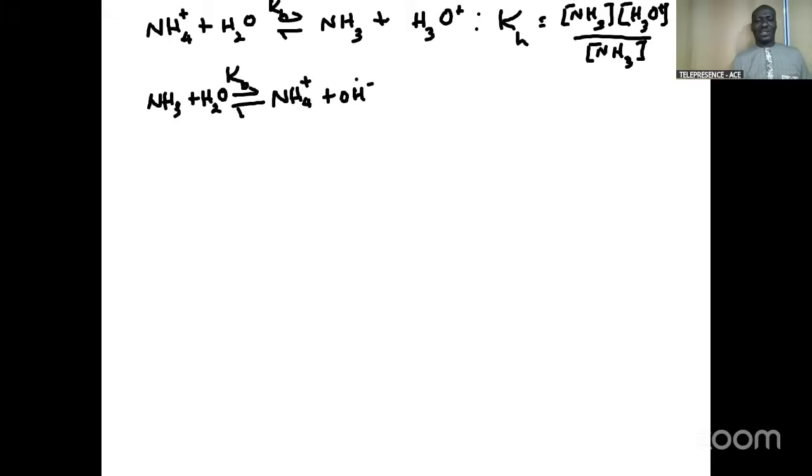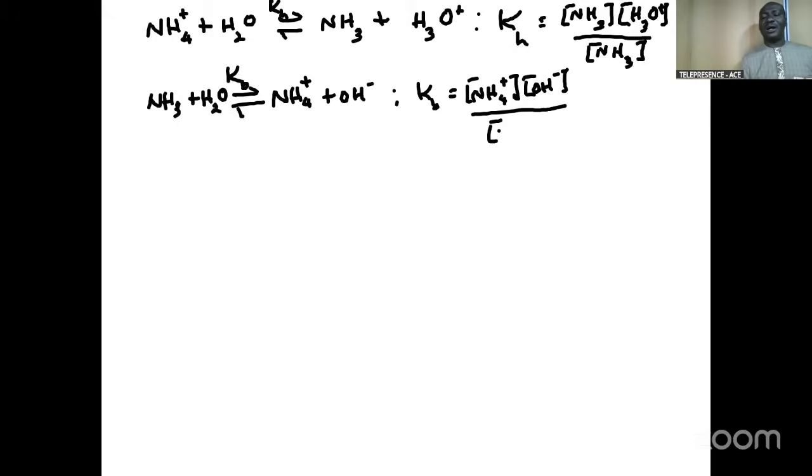All right. If that is true, of course it is, we can write that Kb is equal to ammonium ion times OH- over ammonia. Now, I hope this is clear for those who said they couldn't get it.